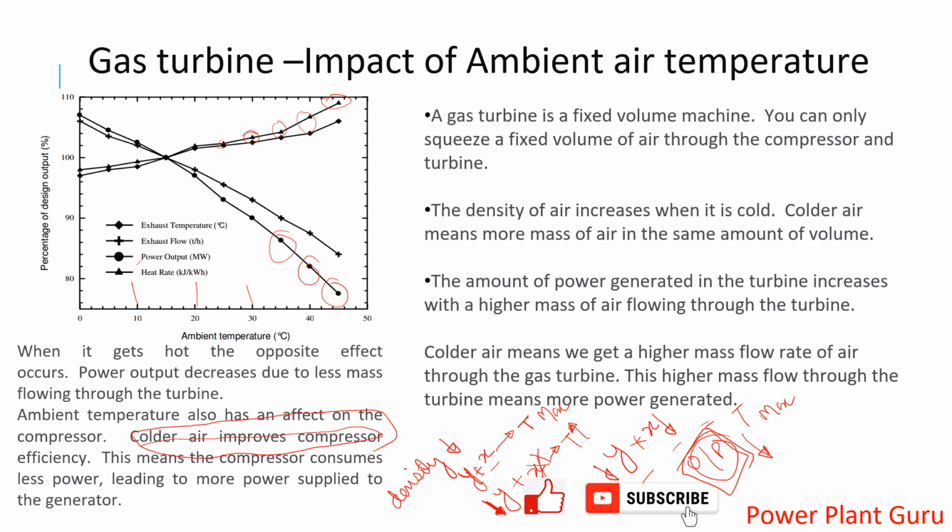For a G make turbine, that correction curve shows more or less a 1.3 to 1.4 megawatt drop in output for every 1 degree Celsius increase in ambient air temperature.